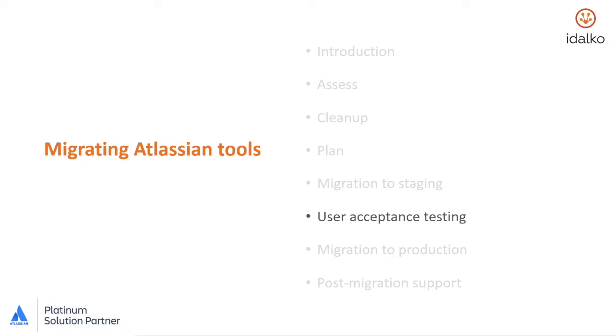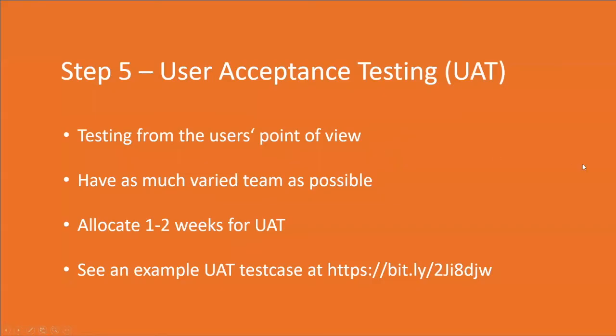So what's the first step? Well, the first step should be to test if the migration actually went right, or if there are any new problems or bugs that you need to address. So you need to perform UATs, or user acceptance tests.